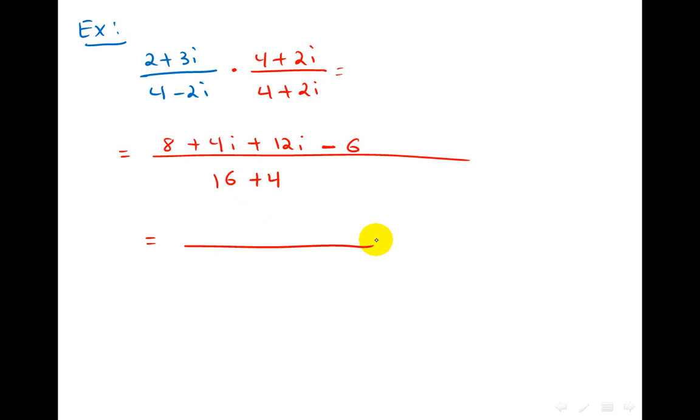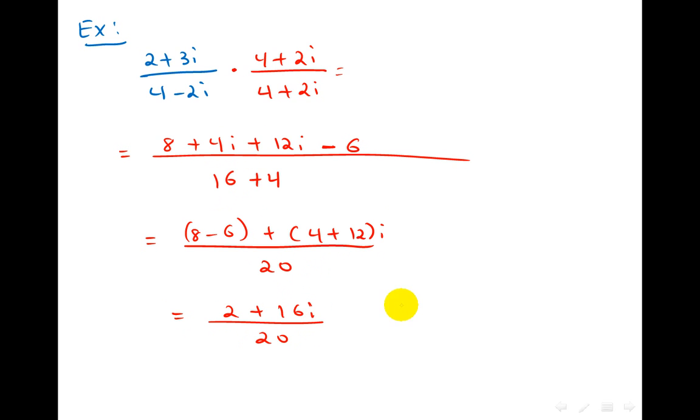Okay. In the numerator I will collect the like terms. These are the real parts, 8 and negative 6. And the imaginary parts are 4i plus 12i. 16 plus 4 will give me 20. Okay, so here we'll have 2 plus 16i over 20.